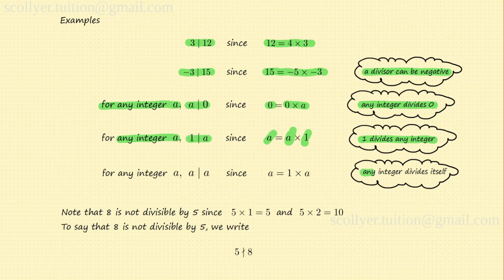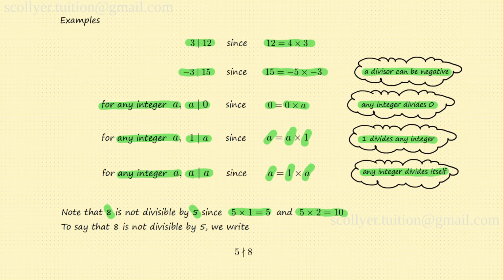In addition, any integer divides itself. That's because if we start with any integer a, we can multiply it by 1 to produce a. So for any integer a, a divides a. Now note that we can't produce 8 by taking 5 and multiplying it by some other integer, because 5 times 1 is 5, which is less than 8. 5 times 2 is 10, which is greater than 8.